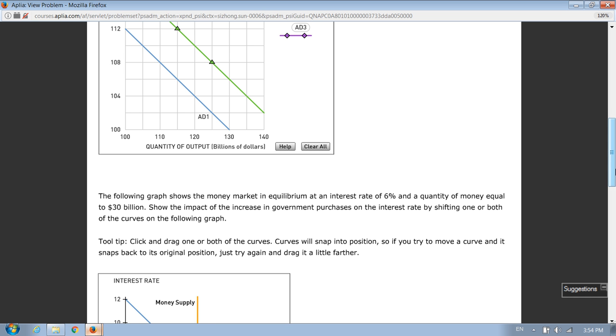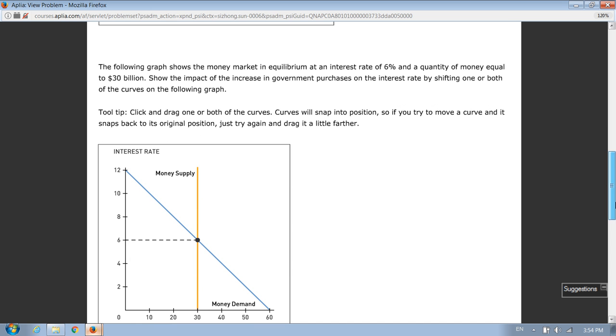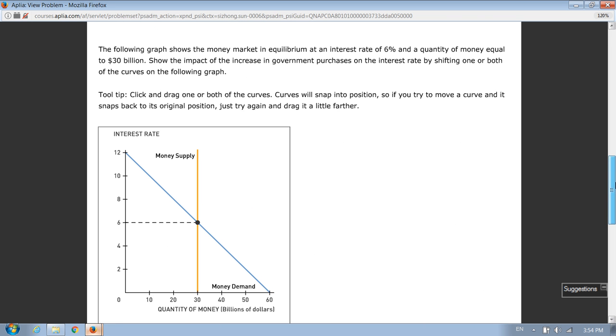The following graph shows the money market and equilibrium at an interest rate of 6% and a quantity of money equal to $30 billion. Show the impact of the increase in government purchases on the interest rate by shifting one of the curves. So G increases, so aggregate demand shifts to the right and the price level goes up.